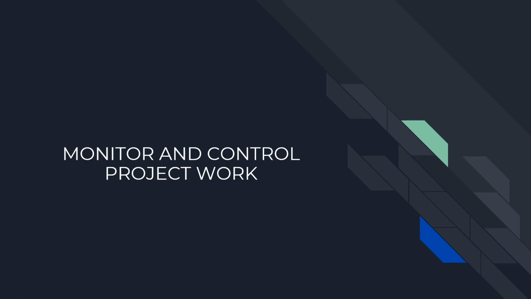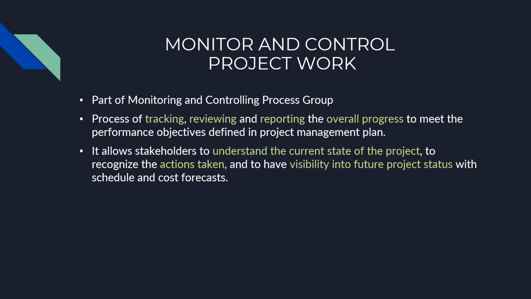Now we will move from the executing process group to the monitoring and controlling process group, and we will discuss the monitor and control project work process. Keywords for monitor and control project work are tracking, reviewing and reporting the overall progress, so that we can ascertain the status of the project, whether we are behind or ahead of the project schedule.